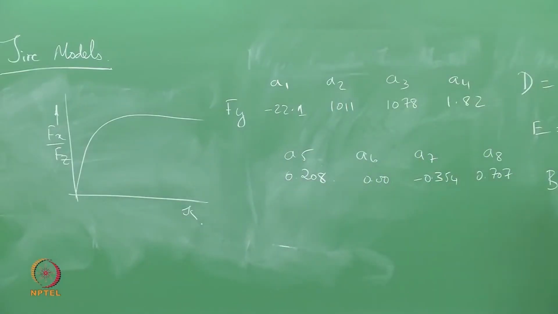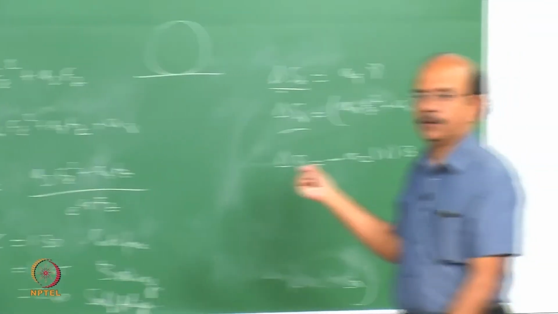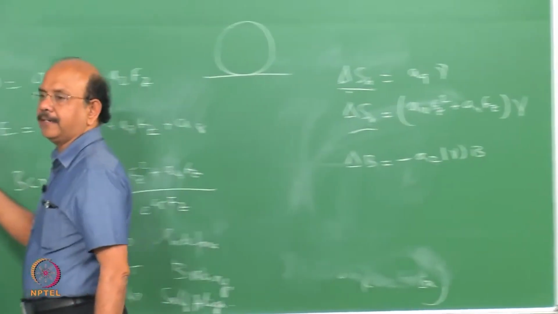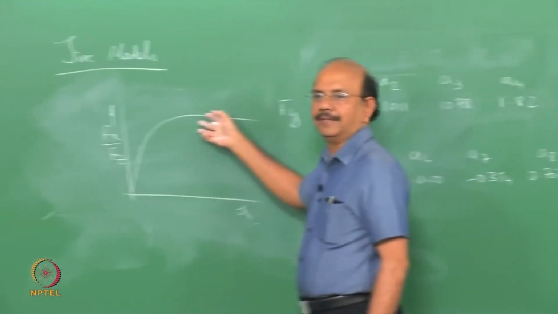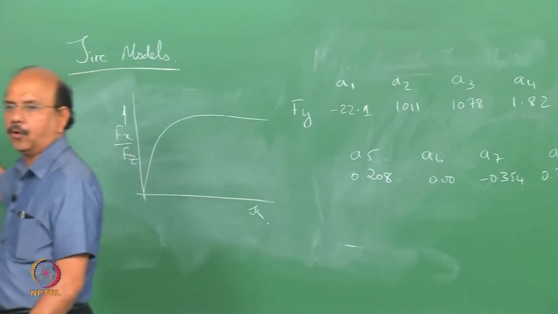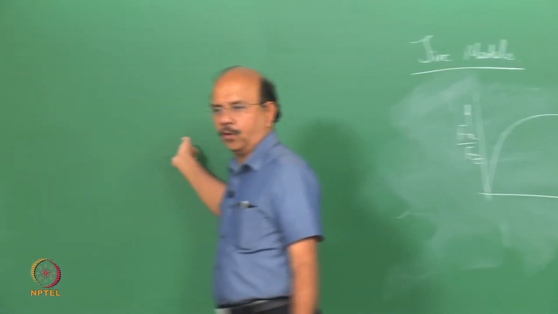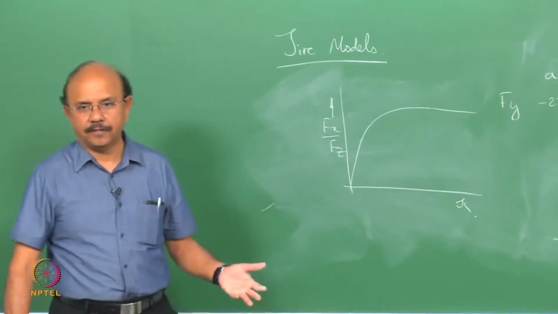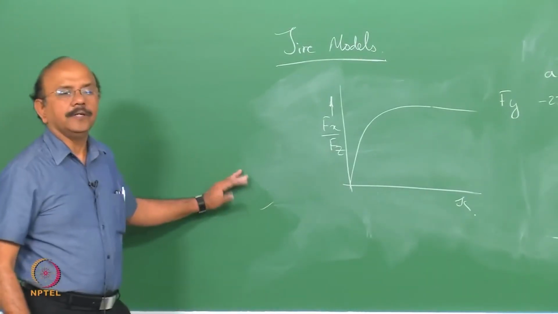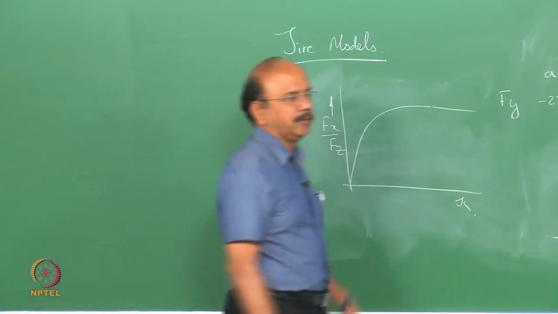The question is, if I do it indoor, won't I get a different curve than if I do it outdoor on the road, because the road characteristics are different? Absolutely, there will be a difference between the two.